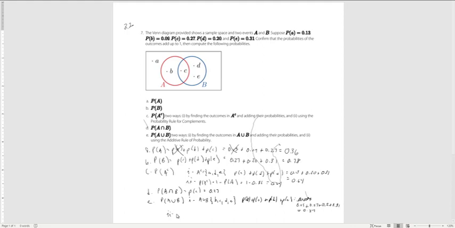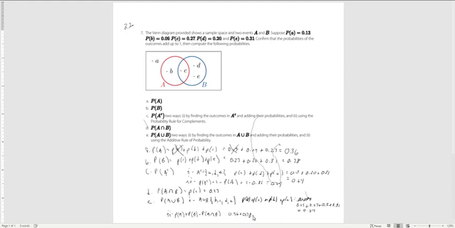Okay, they also asked us to do this with the additive rule of probability. So we're looking at the probability of one event plus the probability of the other event. We're going to subtract off the probability of the intersection of those events. So that's the additive rule. We calculated the probability of A back in B, so we have 0.36, plus the probability of B's 0.78.